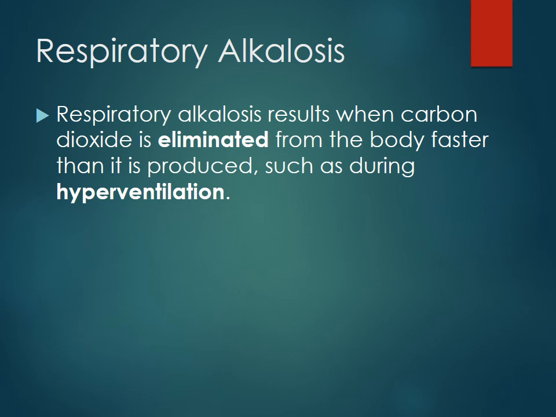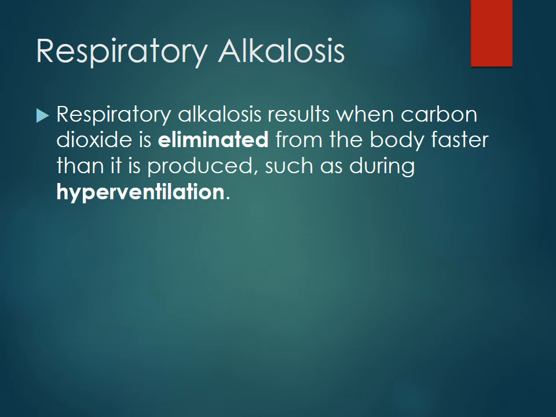Okay. Respiratory alkalosis. So in respiratory alkalosis, there is a decrease in CO2 and an increase in pH. That's the classic definition of respiratory alkalosis. So carbon dioxide is eliminated from the body faster than it can be produced.